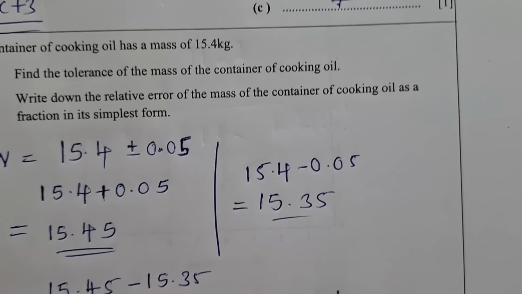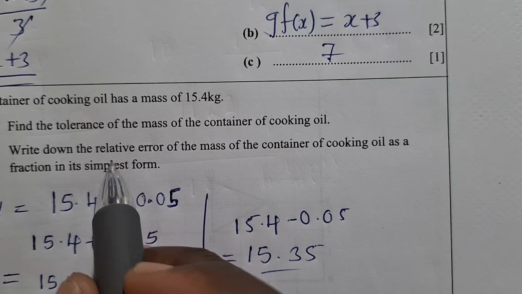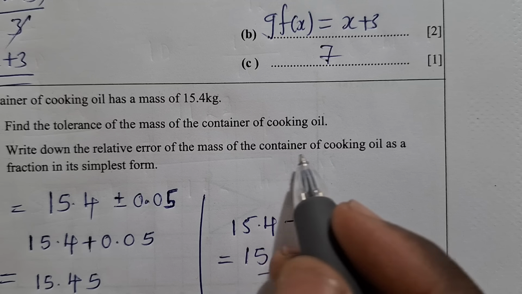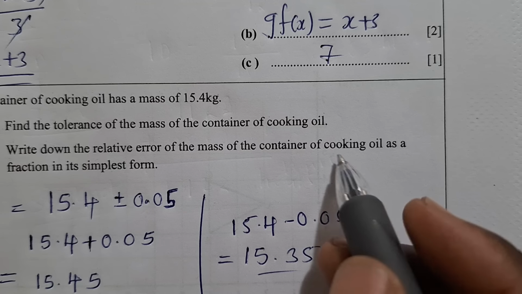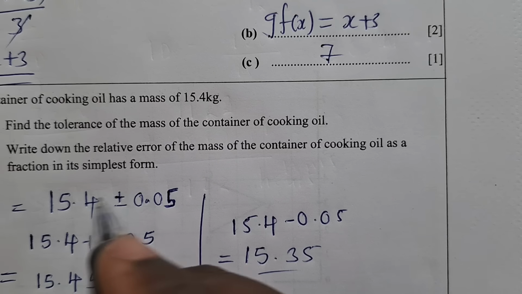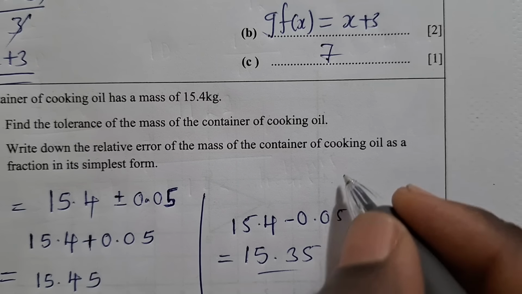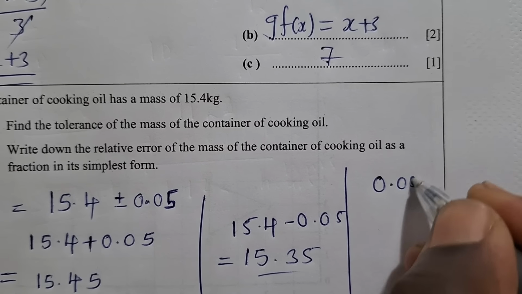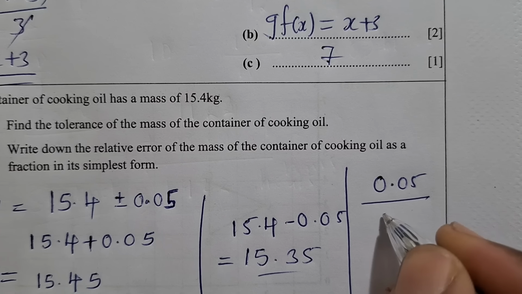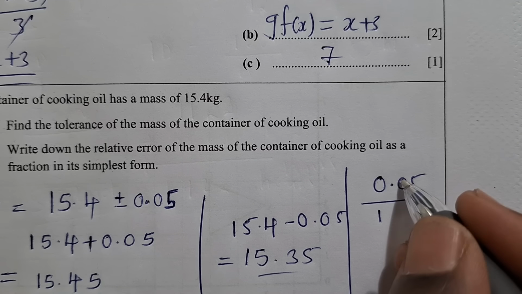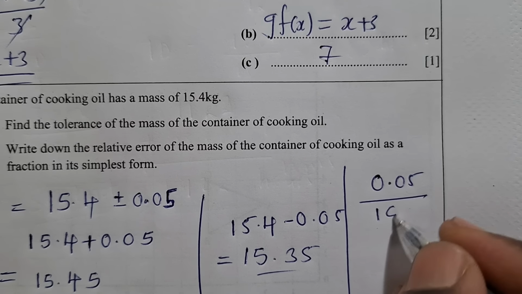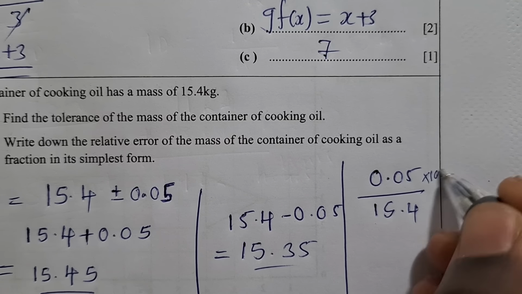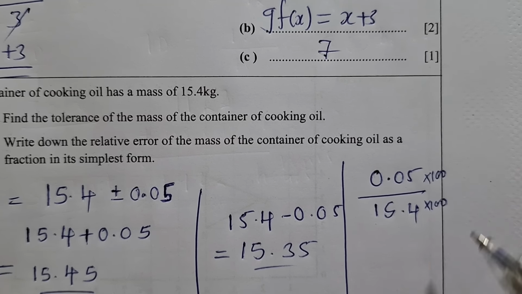The next question is, write down the relative error of the mass of the container of cooking oil as a fraction in its simplest form. We write 0.05 over the true value, which is 15.4, times 100.